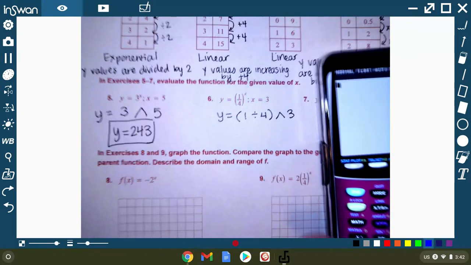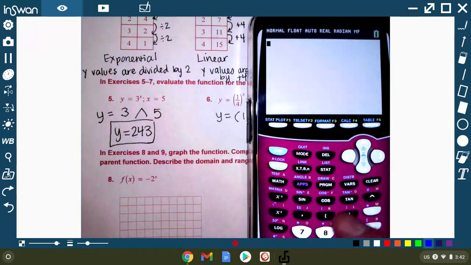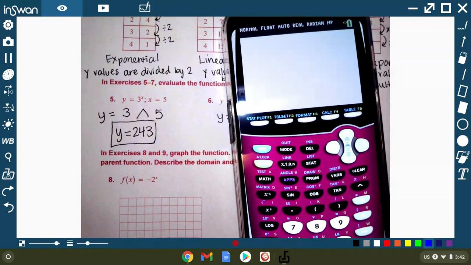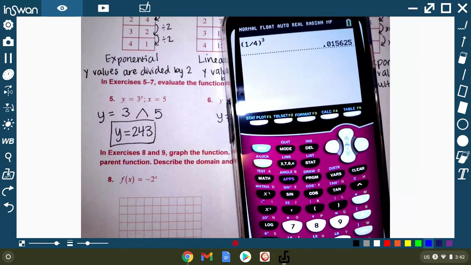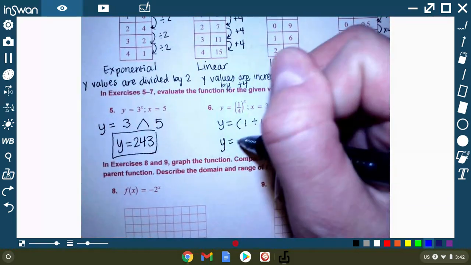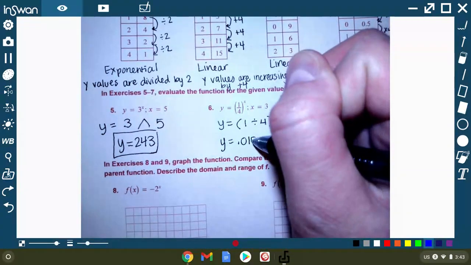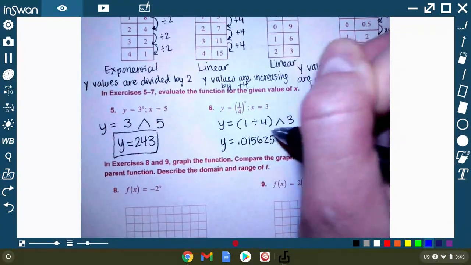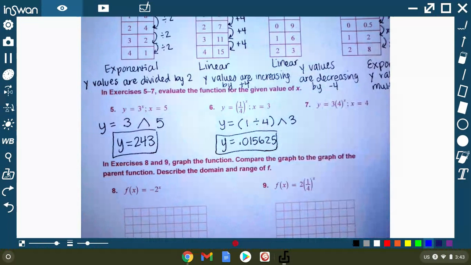But typically you want decimals with these. So you're going to type in parenthesis 1 divided by 4 and then caret button and then 3. And then this will give us our value that we're looking for. So this is it as a decimal. You could also use that ABC button to help you get the fraction. It just kind of depends what you're looking for. So this is your answer.